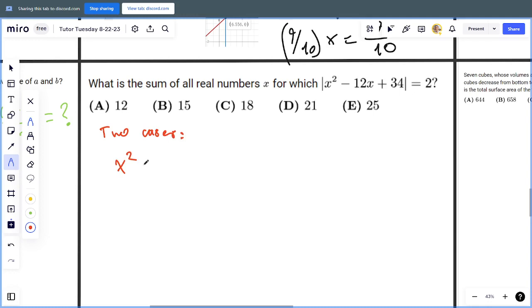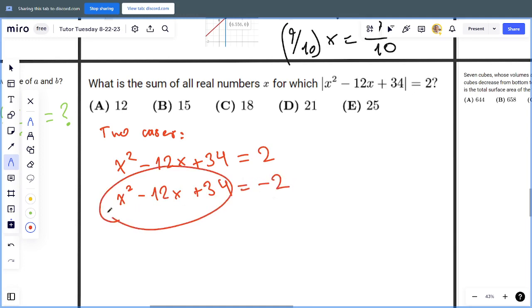We have x squared minus 12x plus 34 is equal to 2, and x squared minus 12x plus 34 is equal to negative 2. Because if what's inside the absolute value equals negative 2, then the absolute value bars will turn that positive and make it into a positive 2.